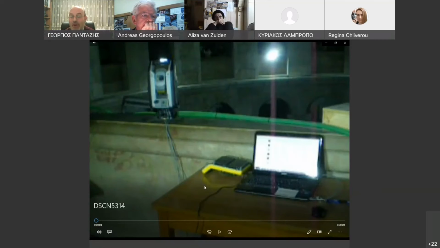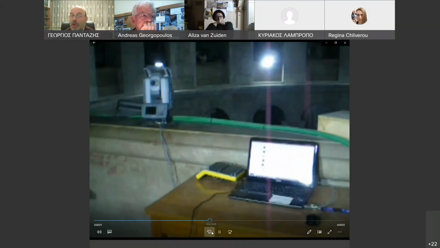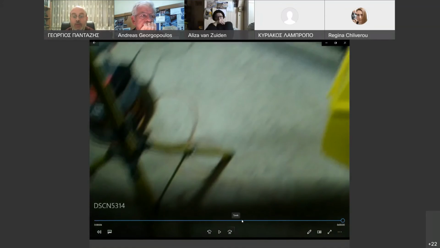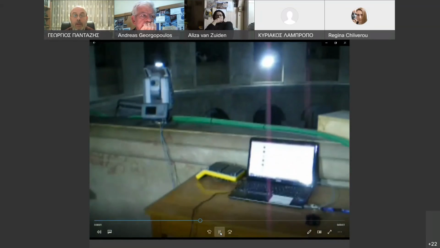It is easy for us to see that the measurement was carried out at night, because there are only lights, and we can see the system working without an observer.